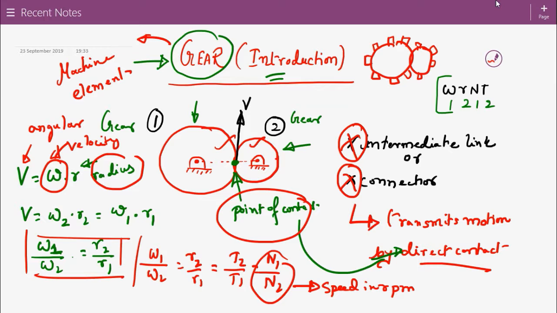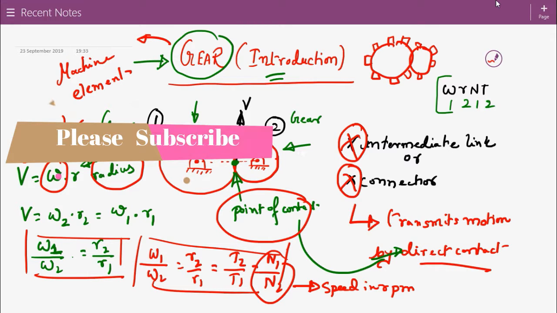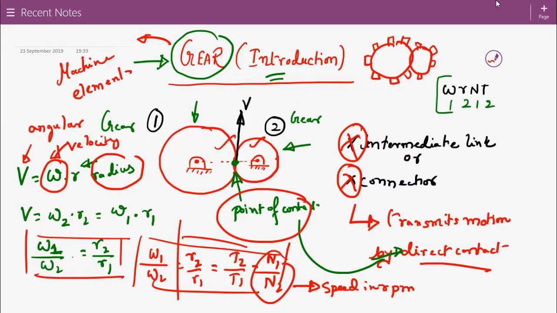So this ratio can be helpful in finding, suppose there are two gears and you know the radius of the two gears and the number of teeth in the second gear. You can find this T1 using the relation, and as usual you can find any of the parameters if you know the other three.